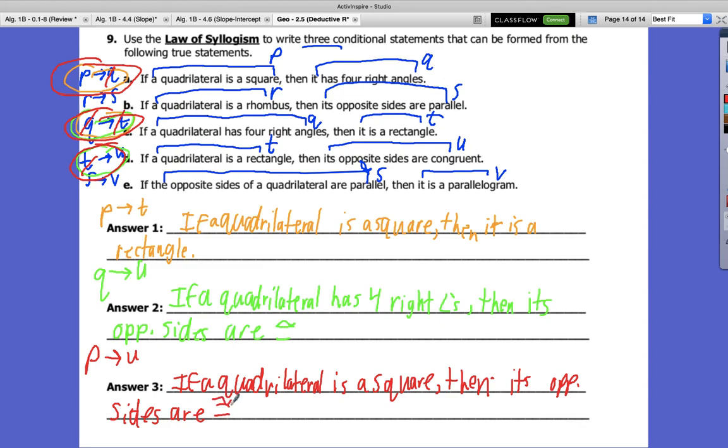So we can actually use the law of syllogism twice, or even more if we had more links. We can use it multiple different times there.